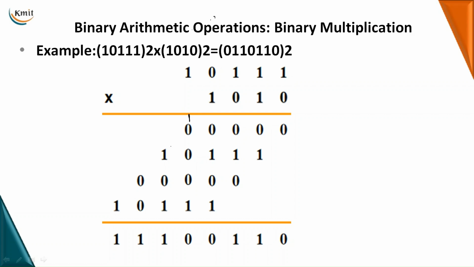So 1 plus 1 will give me 1, 0. So 1 plus 1, 1, 0, 1, 0 plus 1. I'll get a carry 1, 1. So this 1 will come here and 1. So I have 1, 1, 1, 0, 0, 1, 1, 0. So this is a simple binary multiplication.